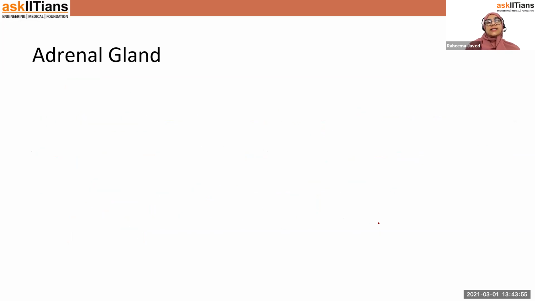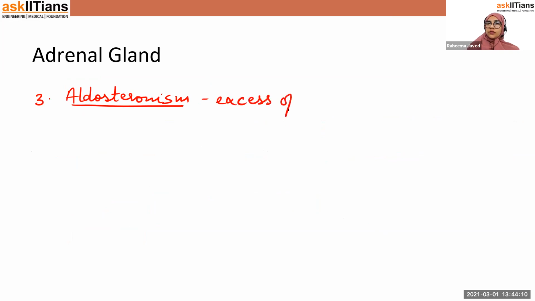Okay, next disease is aldosteronism. Aldosteronism is due to excess of aldosterone. Due to the excess of aldosterone, there is high BP. Okay, high blood volume.